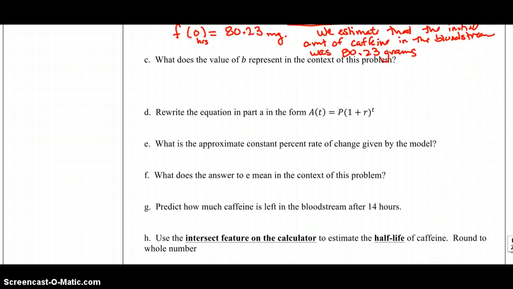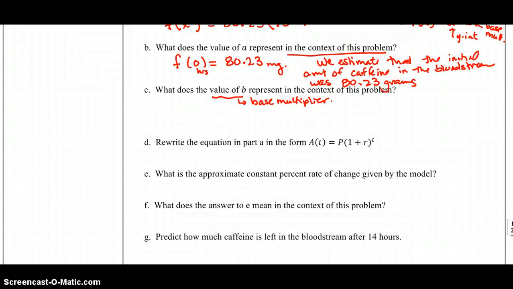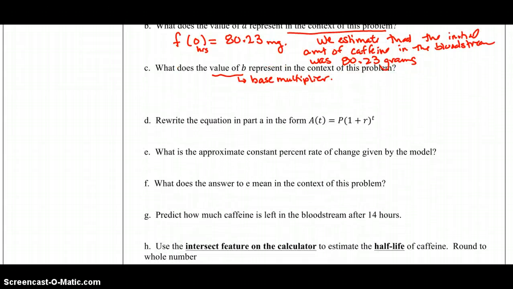So what does the value of b represent in the context of this problem? Remember that the value of b is our base multiplier. So in this case, that base multiplier was 0.89.